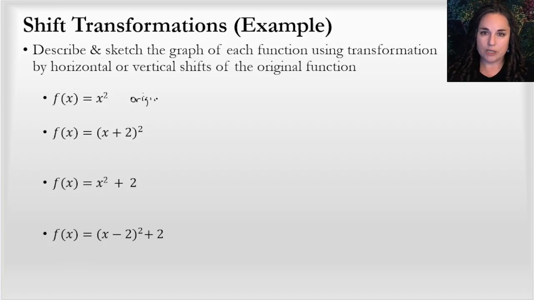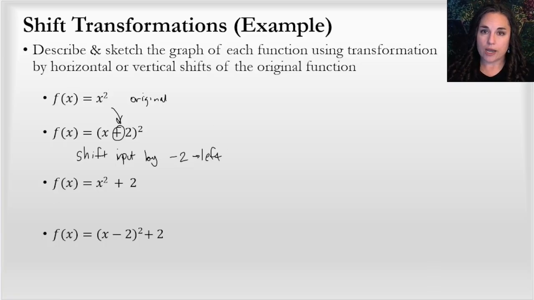There's nothing being done to the function. If I want to shift the input variable, I'm going to shift the input by, remember the negative sign in there, so this will be negative 2. So that means that I'm going to shift the whole graph to the left.